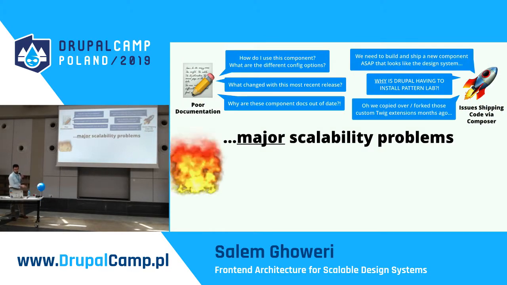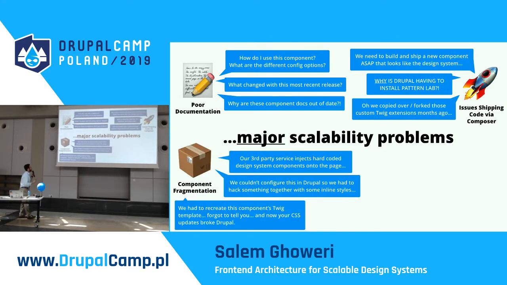We also had issues with fragmentation. Once components were published, we found that content authors were still hard-coding components on the page that we had no idea about. We had issues keeping the code that we'd already shipped in sync with the latest version that we were expecting. So we had bugs, we had issues.